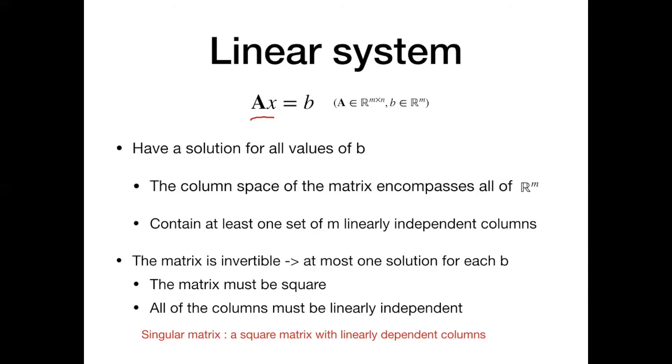These conditions also mean that the matrix should contain at least one set of m linearly independent columns. Otherwise, we can find B that cannot be represented by the linear combination of the column vectors. So this condition also indicates that the number of columns should be larger than or equal to m.